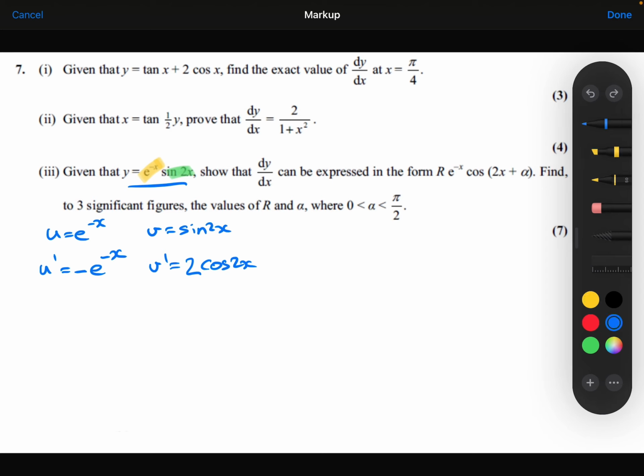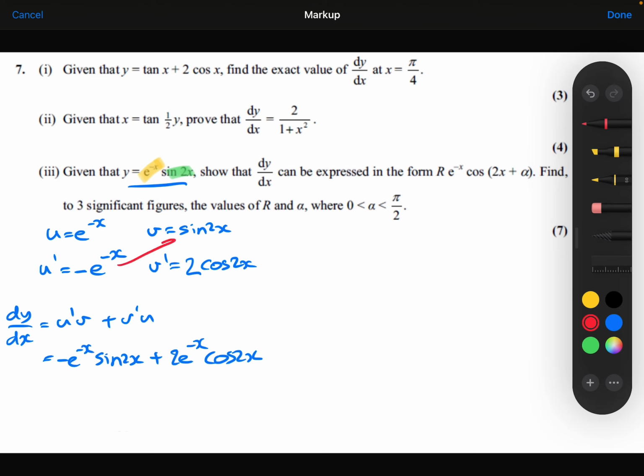Now applying the product rule, which remember is u dash v plus v dash u. Right, u dash is minus e to the minus x times v, which is the sine 2x, plus v dash u is 2e to the minus x times cos 2x.